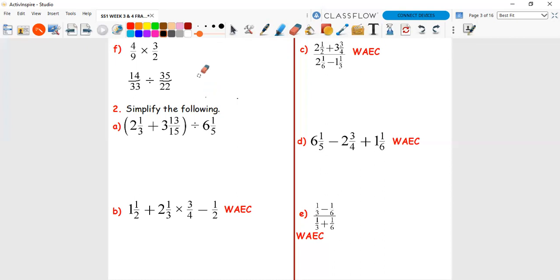Okay, so let me write it here. Why is this sliding? I'll have more grip now. Okay, good. It's not gripping, it's bouncing.